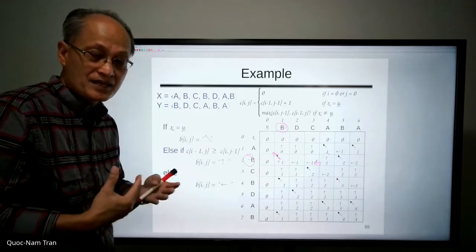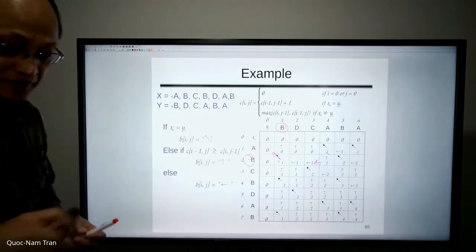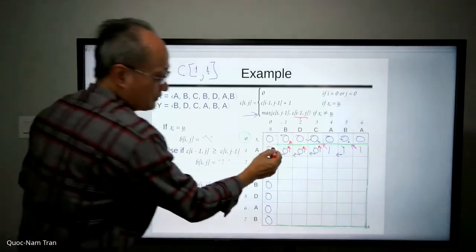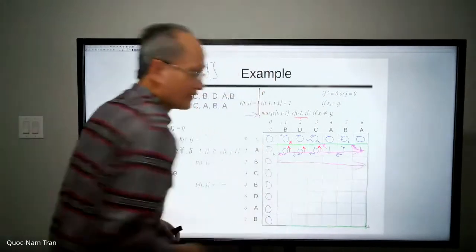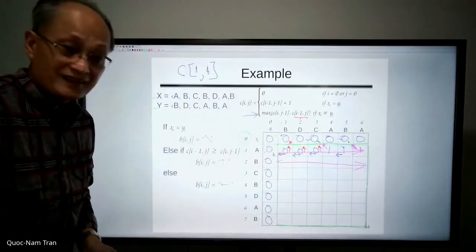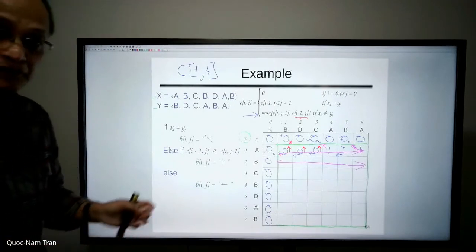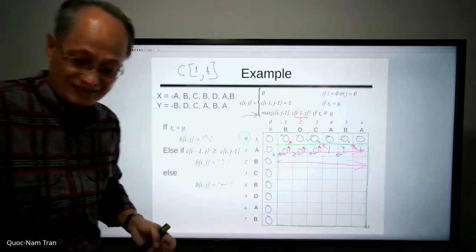But here comes the question. Previously, we fill it up like this. Okay, we fill it up like this, right? Is it the only way? Can we fill the values in a different manner?